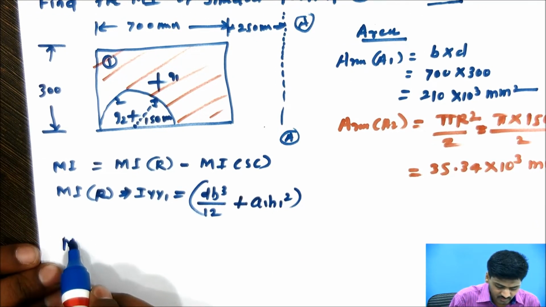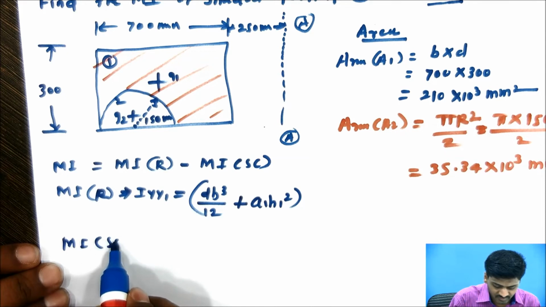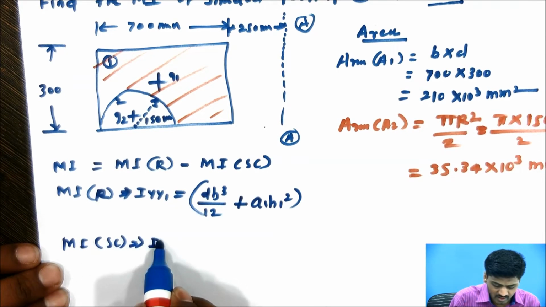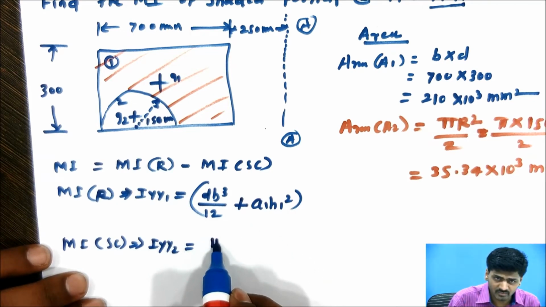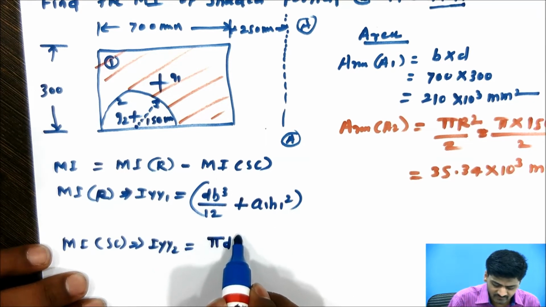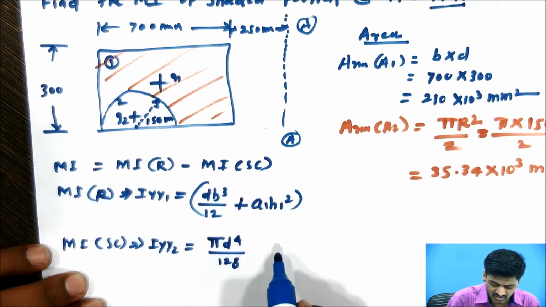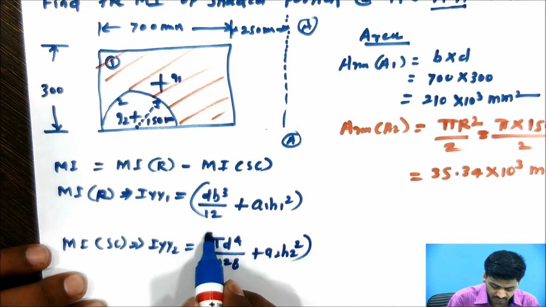So the moment of inertia of semicircle, that is IYY2 is equal to, a very simple formula, pi d raised to 4 upon 128 plus A2 H2 square.